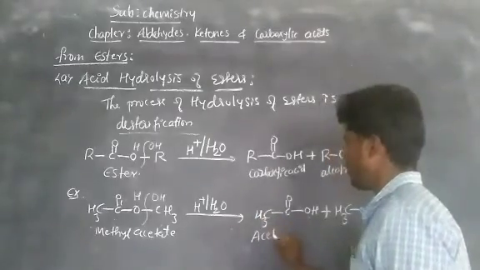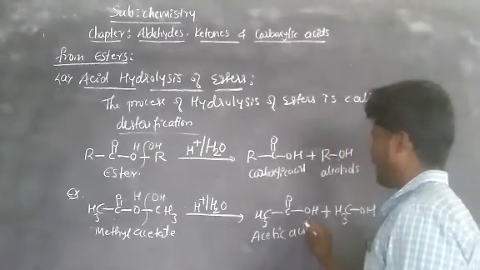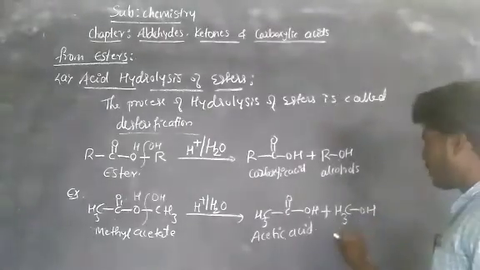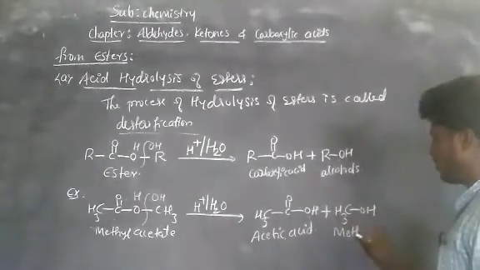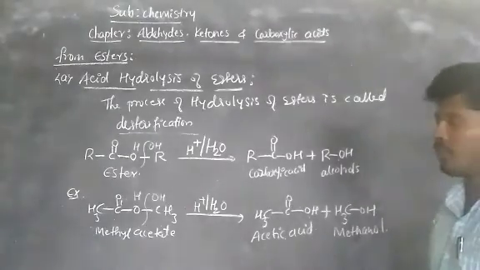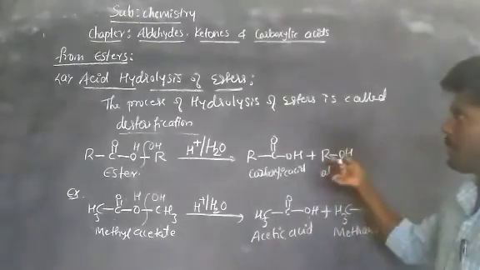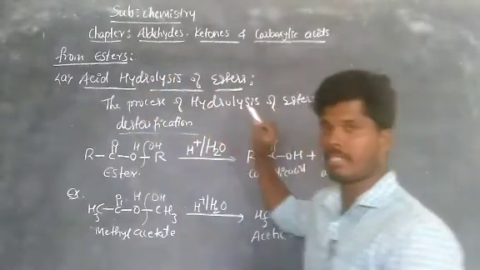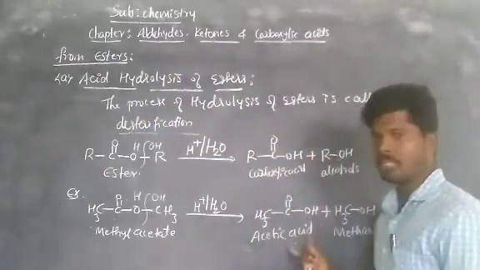The common name is acetic acid; either write the common name or the IUPAC name, your wish. And the other is methanol. So this is the preparation of carboxylic acids from esters by acid hydrolysis.